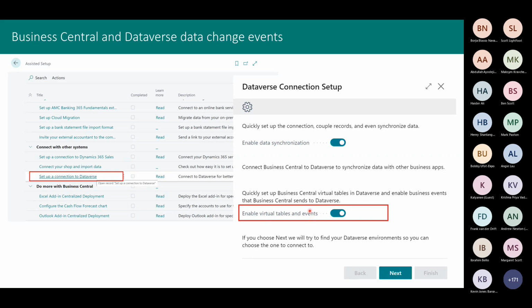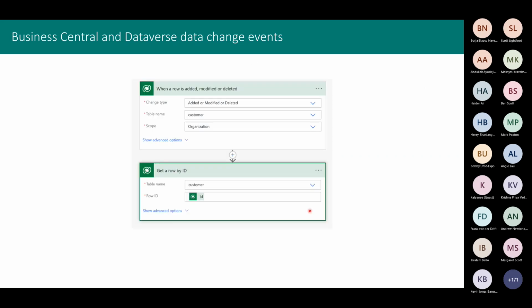This is the power of this integration, because when enabling that, you can do something similar in Dataverse. So you can have a new trigger called when a row is added, modified, or deleted in Dataverse. You can select your virtual table. You can select the scope. So default is the organization, and then you can retrieve the record and do actions.